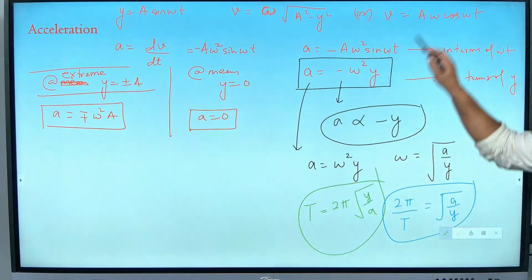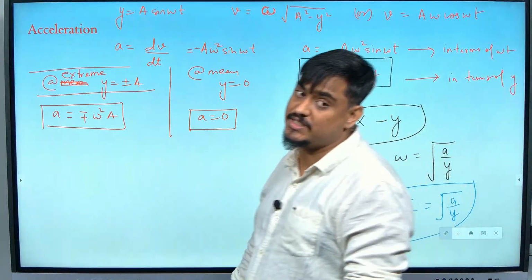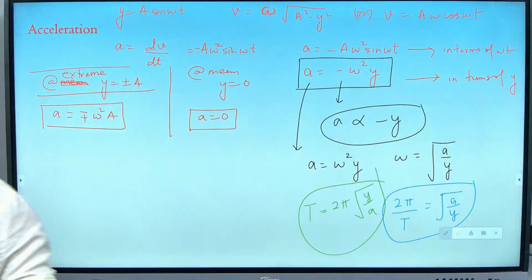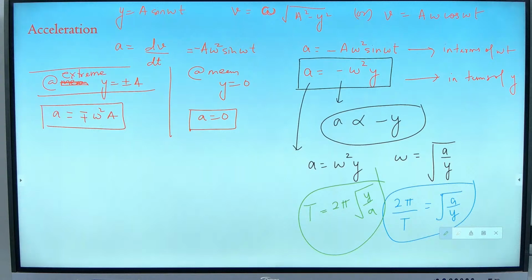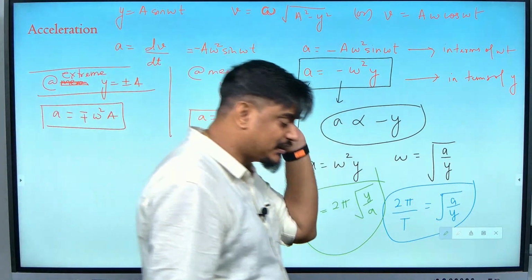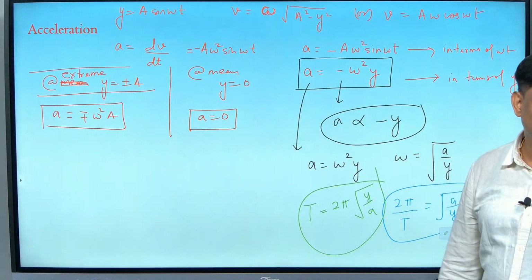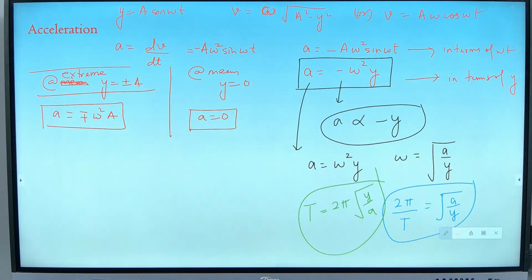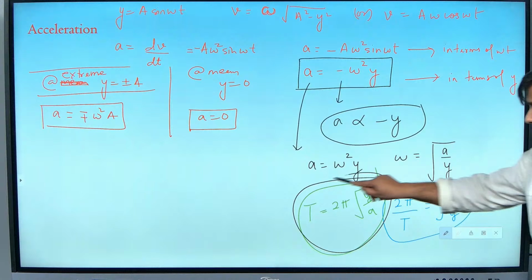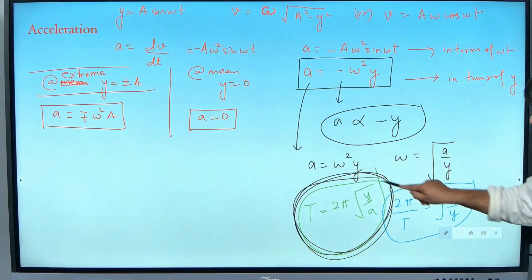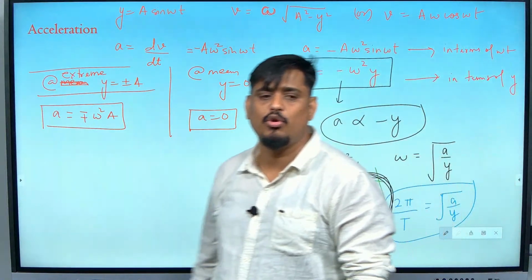In many places you will use this. Time period of simple harmonic motion is 2 pi root over displacement by acceleration. Remember this forever, at least till you finish your NEET or JEE examination. I am stressing, this is a very important equation: time period T equals 2 pi root over y by a.